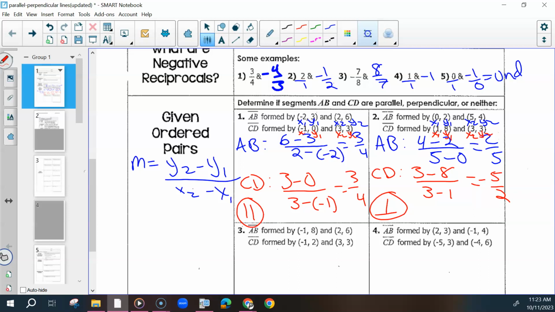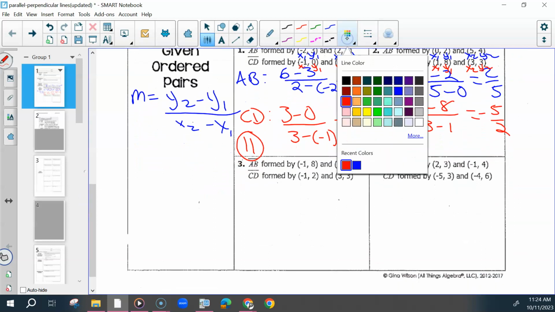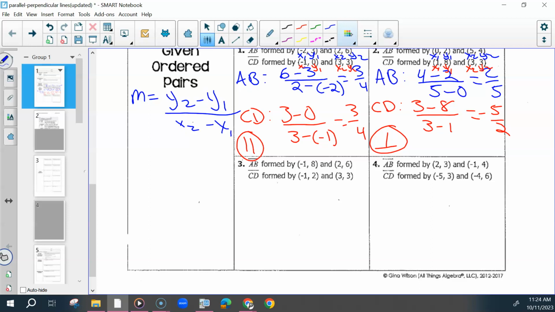Questions on that one? I'm going to do one more of these and then switch gears. Alright, so let's do number 3. Same process.